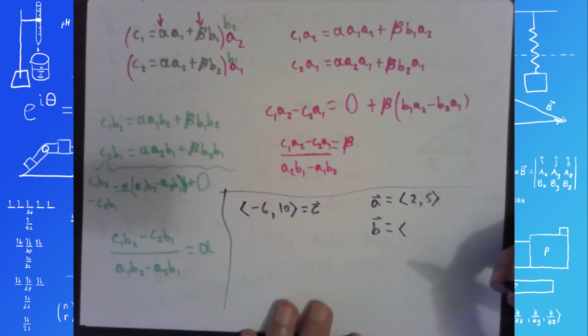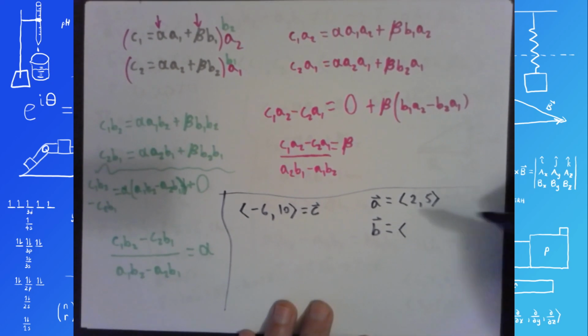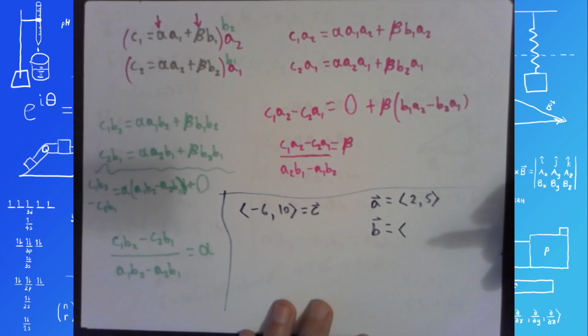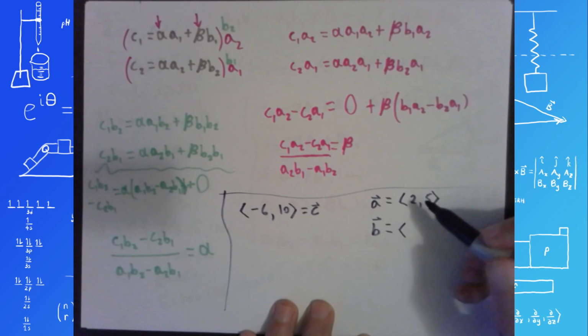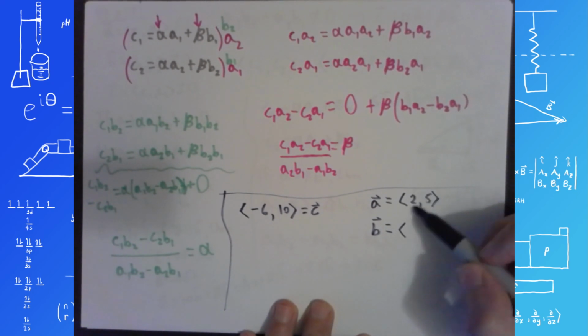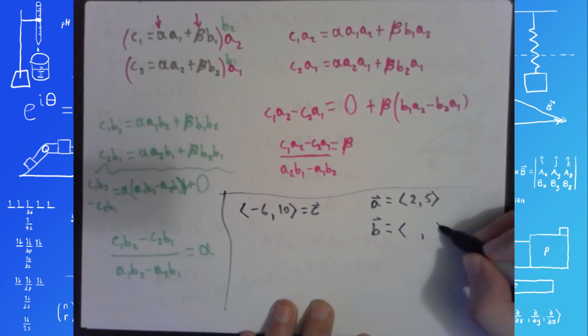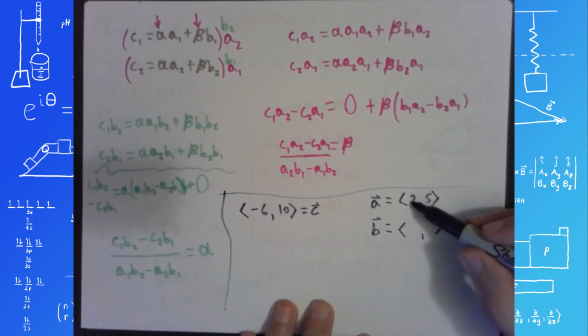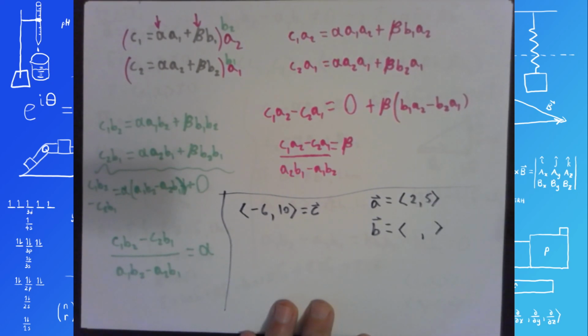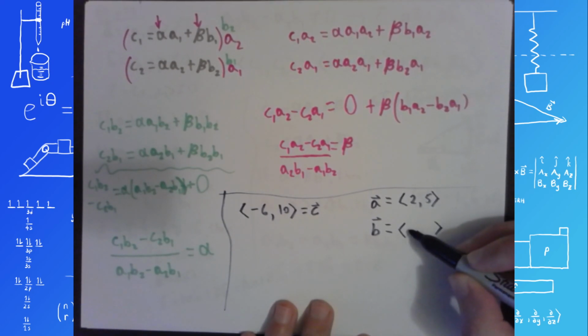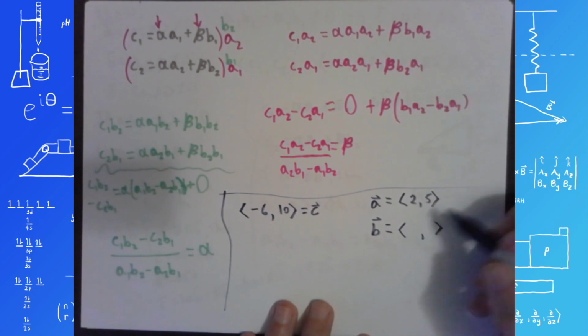B has to be different. B has to be such that the ratio of its components isn't the same as the ratio of A's components. So I want something different from a 2 to 5 ratio between the components of B. One easy way to fix that is to make one of them match the sign while the other one doesn't, or you could make one of them 0 while the other one isn't. Or you could make one of the components the same while making the other one different.